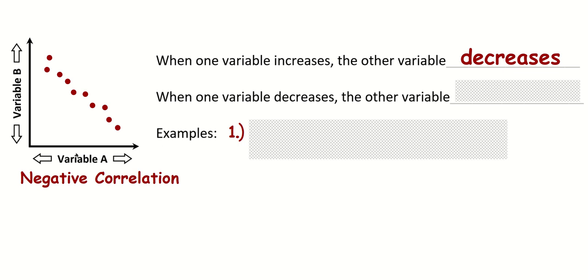And if one variable decreases, then the other variable increases. So that's what a negative correlation is really all about.